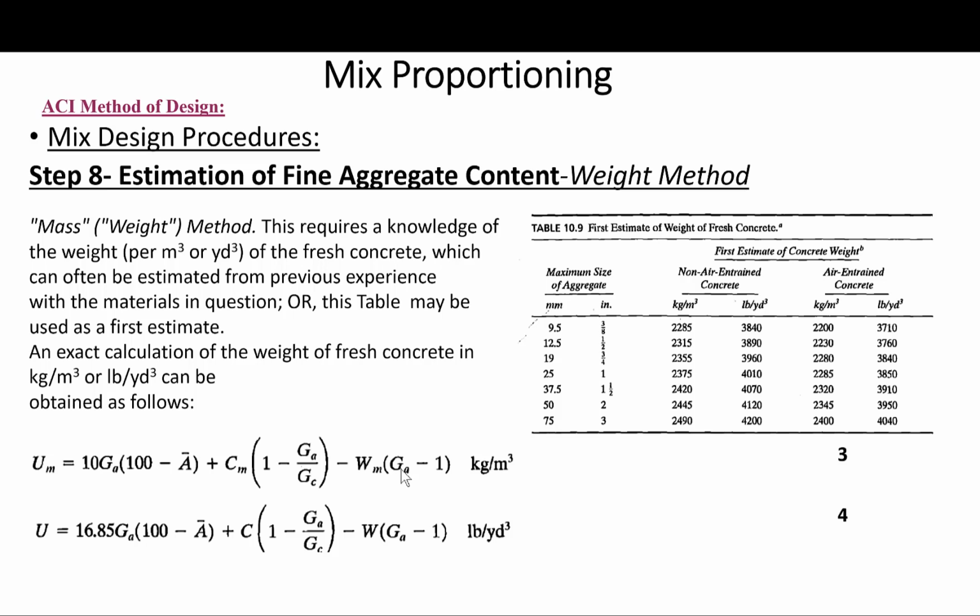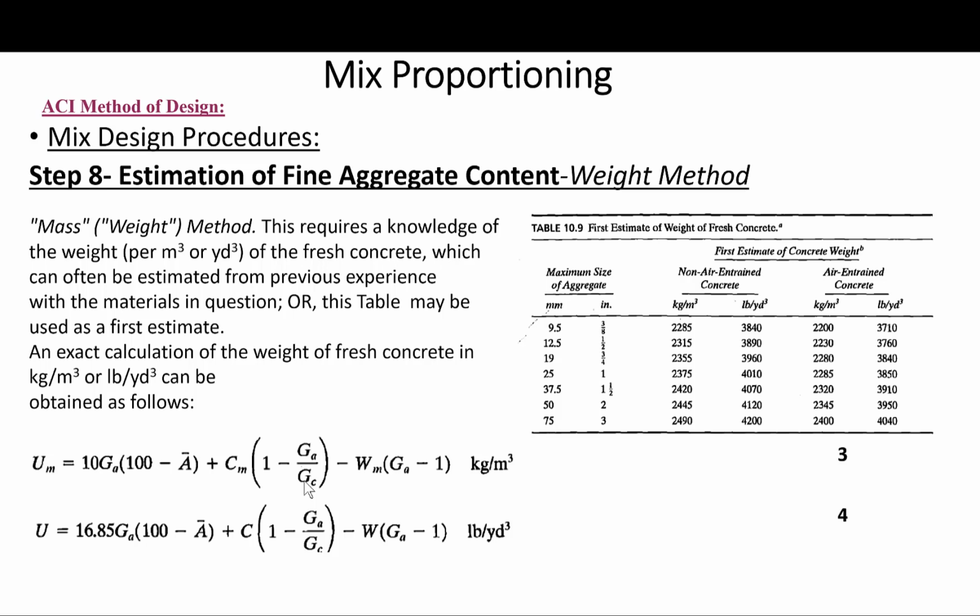Here, U sub M or U is the weight of fresh concrete in kilogram per cubic meter or pound per cubic yard. G sub A is the weighted average bulk specific gravity based on SSD of the combined fine and coarse aggregate, assuming reasonable weight proportions. G sub C is the specific gravity of the cement, which is 3.15, we said.